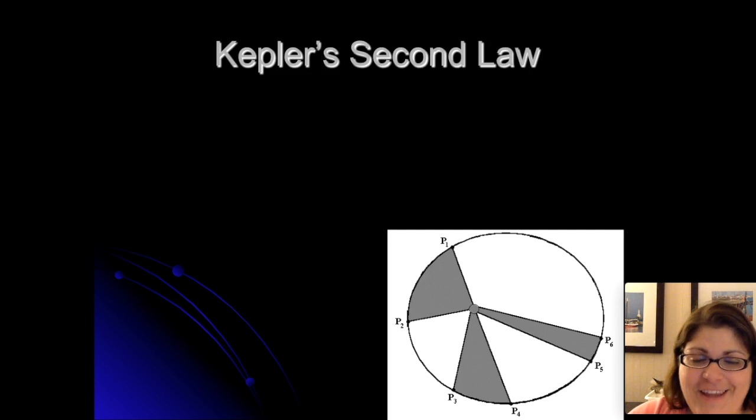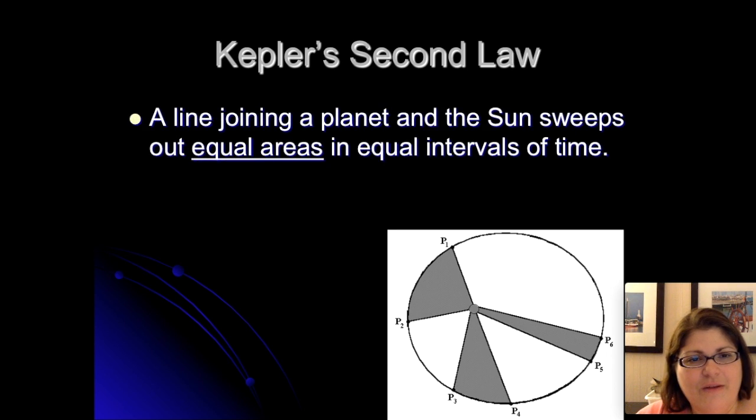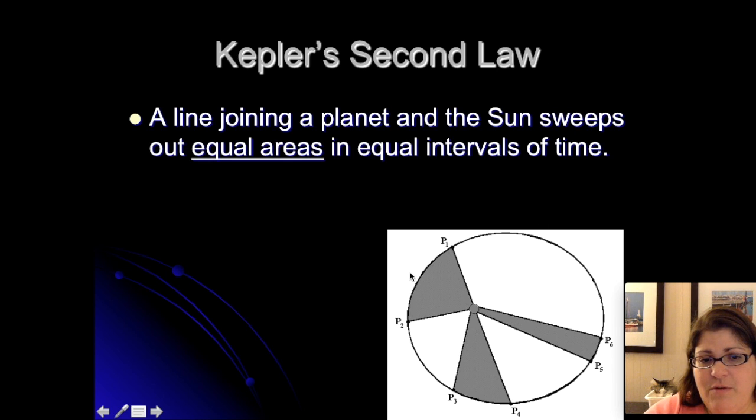Finally, Kepler's second law is that when planets orbit, they speed up and slow down in their orbit. His official language was a line joining the planet and the sun sweeps out equal areas in equal intervals of time. So in other words, if a planet moves along the outer surface here, and these three shaded almost triangles are the same area, then it will take the planet the same amount of time to move from P1 to P2, as it does to move from P3 to P4, and to move from P5 to P6.